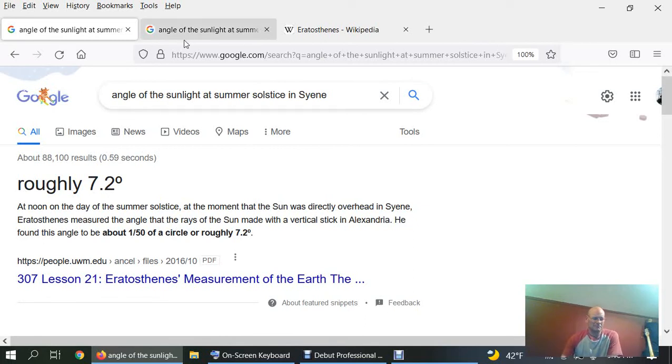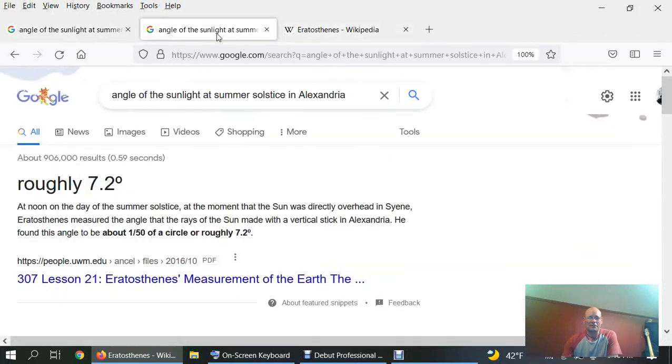Now, that shouldn't be possible on a globe, to tell you the truth. Either Google's wrong or lying, or Eratosthenes never did that measurement.